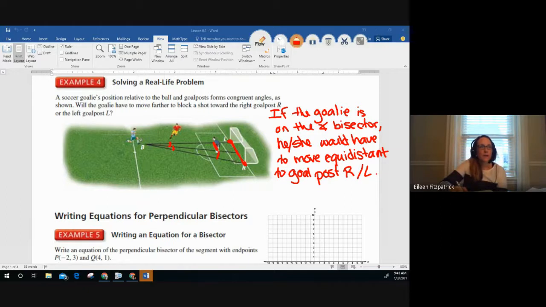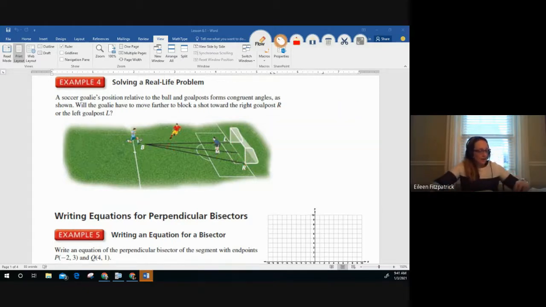All right, hopefully that makes sense. Okay, and let me double check. This might be the last problem for today. It is.